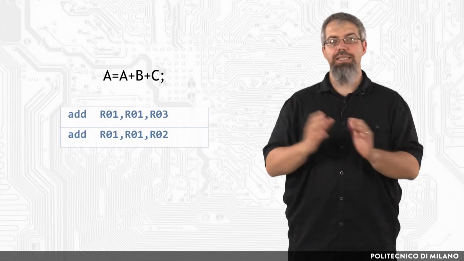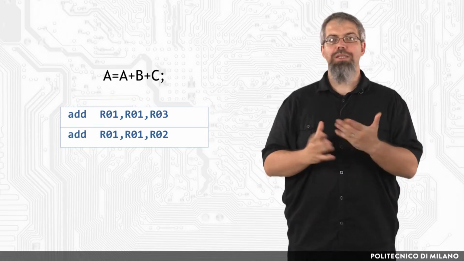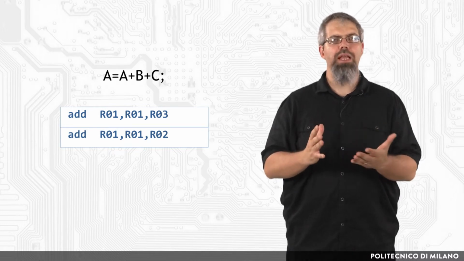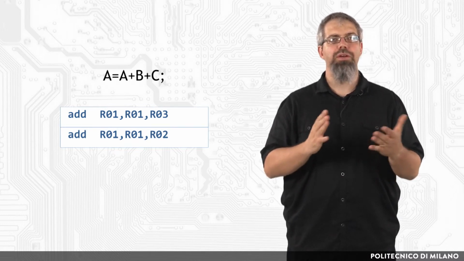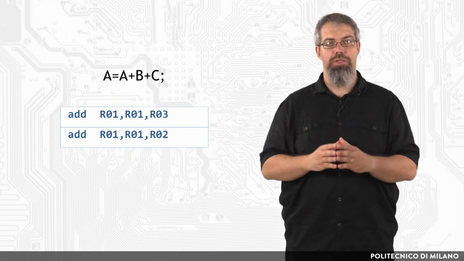To make it simple, the job of a compiler is to accept as input a sequence of C instructions, as in the following example: A equals A plus B plus C, and transform them into the sequence of assembly instructions, as in the picture. The two assembly instructions above define the addition operation to compute the value of A in terms of the internal registers R01, R02, and R03 of a processor.